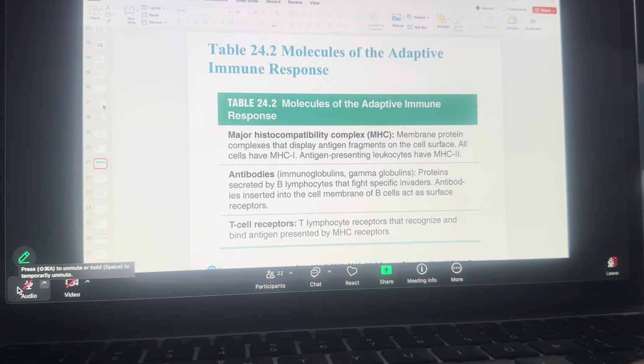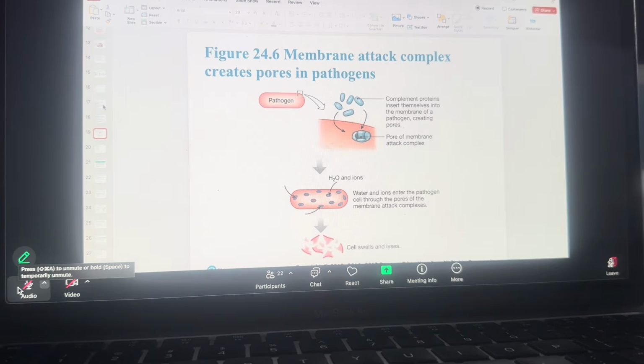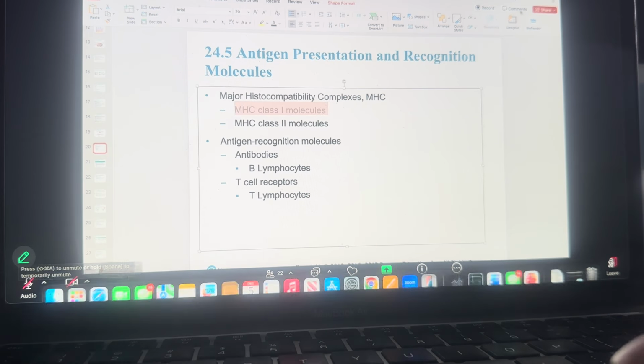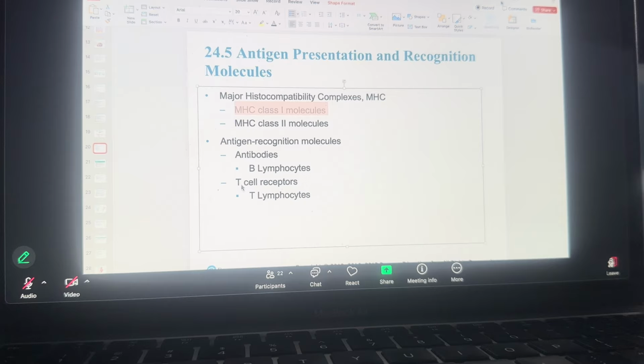Now, B cells, right? Oh, here's the part about MHC class 2 molecules. Major histocompatibility complexes, right? All your cells in your body, except for red blood cells, contain an MHC class 1 molecule. So it's like an ID, right? It's how they are able to distinguish and determine who's who when a T cell comes knocking.